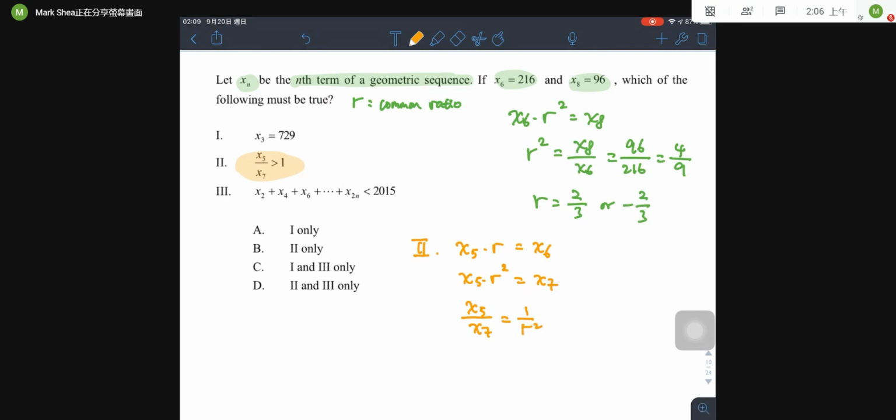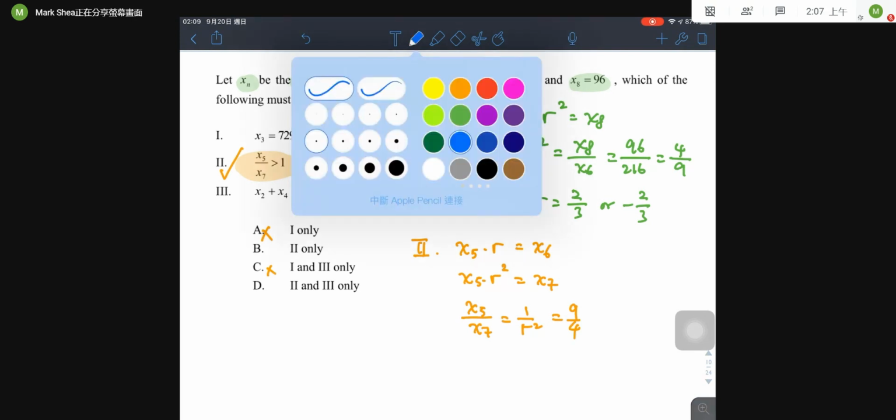So no matter what the value of r is, the ratio of x5 to x7 will be 9/4. So option 2 is correct. Now, if option 2 is correct, then clearly A and C are wrong, so 1 is not correct. Let me now explain why 1 is not correct.